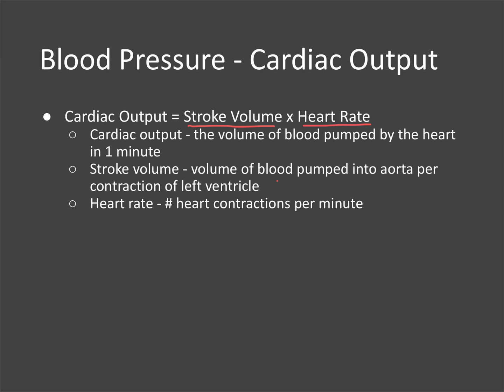Stroke volume refers to the volume of blood pumped into the aorta per contraction of the left ventricle, so basically the amount of blood that the heart squeezes out into the aorta with each heartbeat. And heart rate is the number of heart contractions that occur over 1 minute.